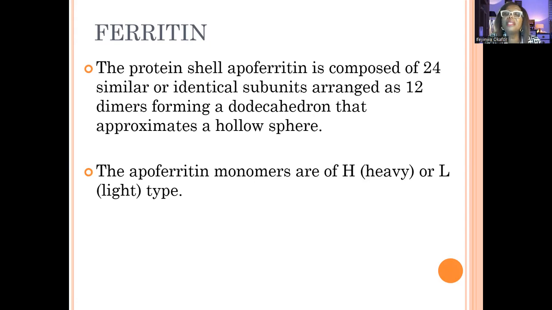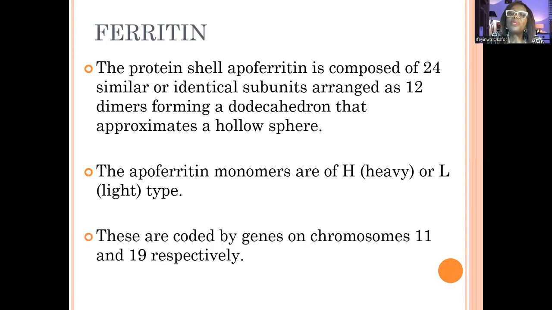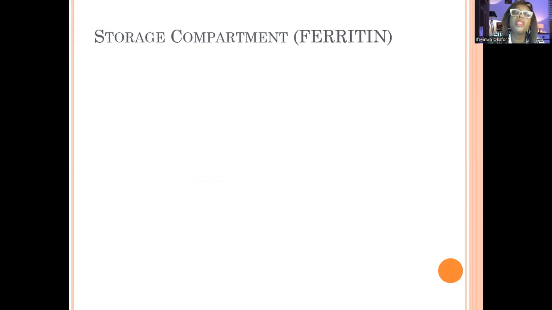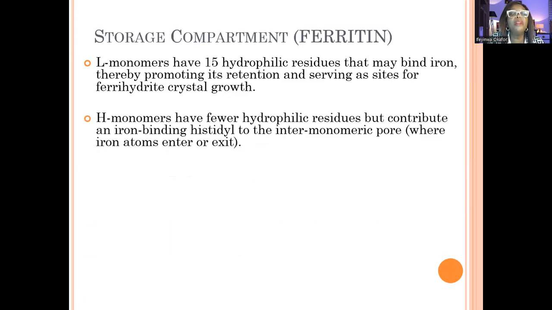The apoferritin monomers are of two types. That is, you have two different types of ferritin subunits, the H subunit and the L subunit. The H subunit is encoded by genes on chromosome 11, while the L subunits are encoded by genes on chromosome 19. The L subunit of ferritin has 15 hydrophilic residues that may bind iron, thereby promoting its retention.